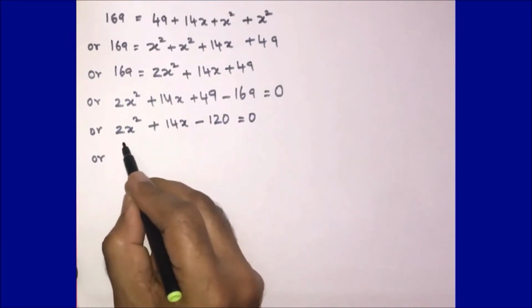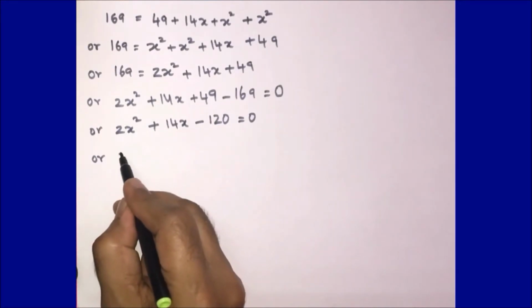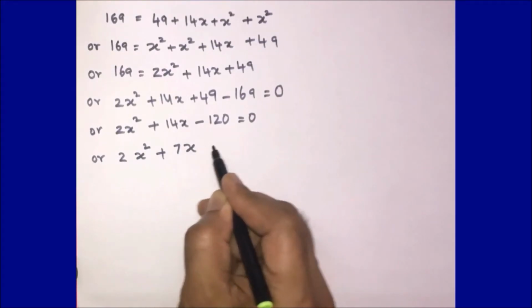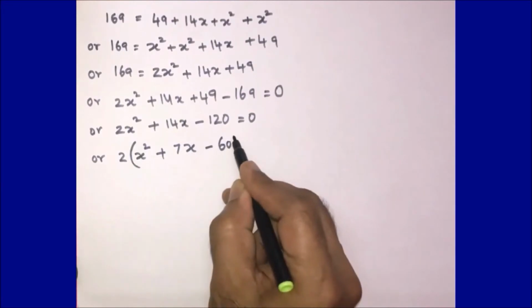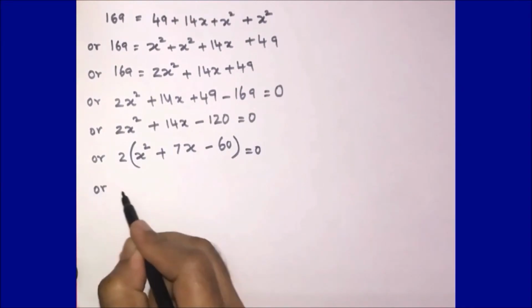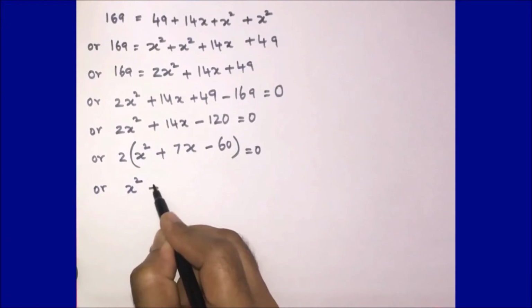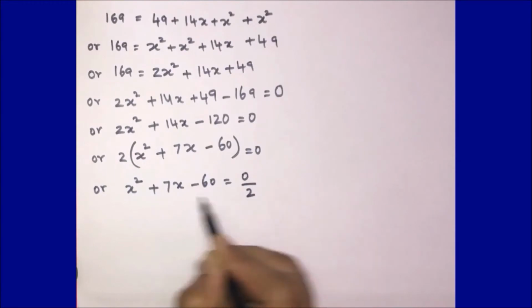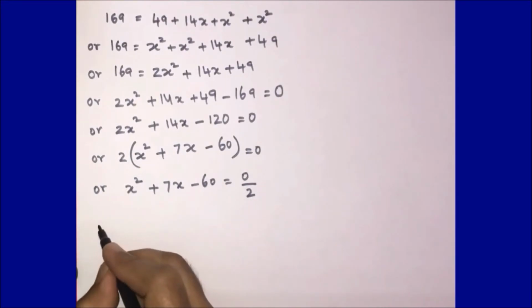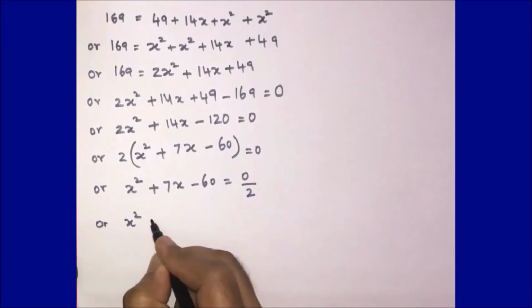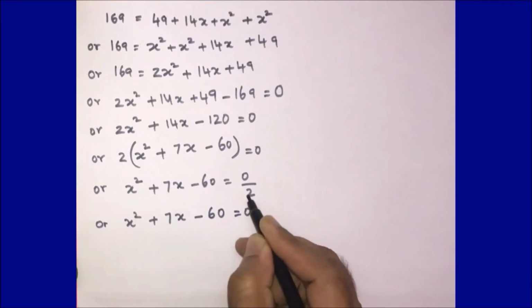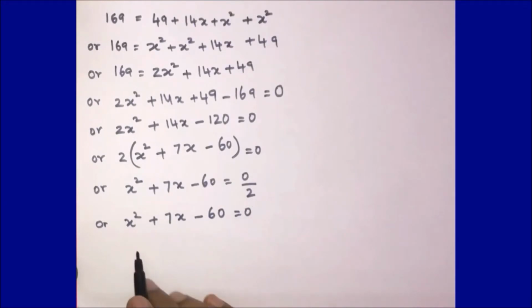Because we could see 2 as a common factor, taking 2 common, I can write 2 into x to the power 2 plus 7x minus 60 is equal to 0, or x to the power 2 plus 7x minus 60 is equal to 0 upon 2, just bringing this 2 to the right side, or x to the power 2 plus 7x minus 60 is equal to 0, because 0 upon anything is 0. So guys, you could see that we got a quadratic equation.